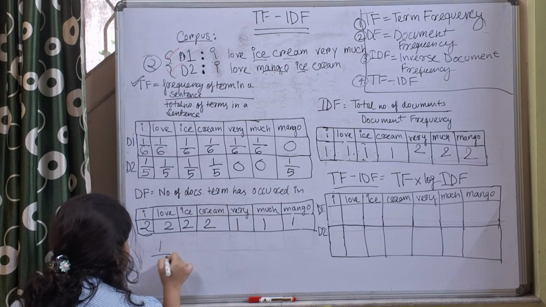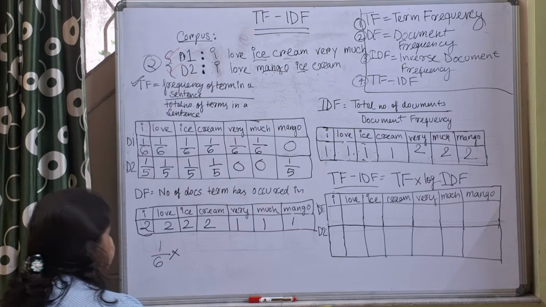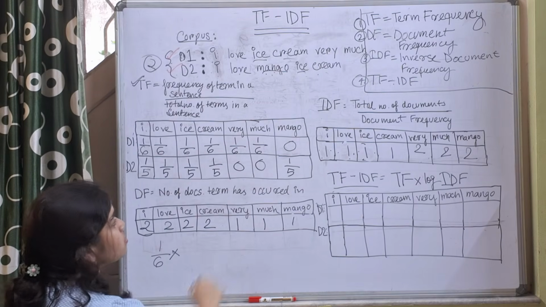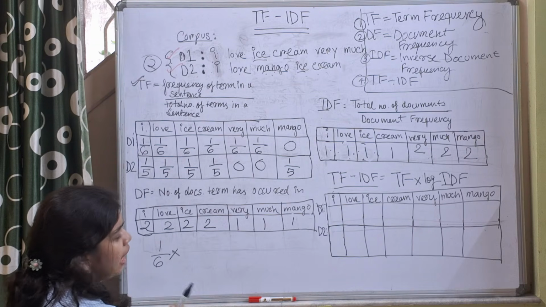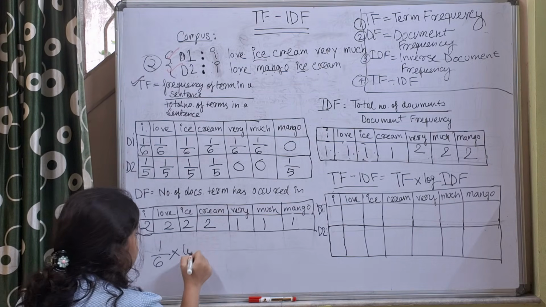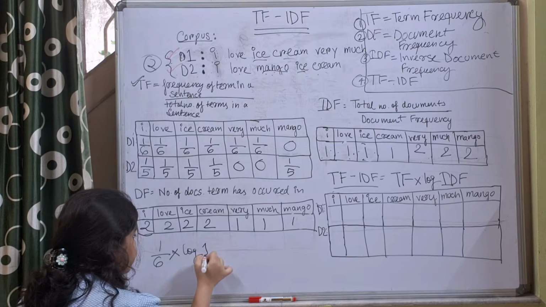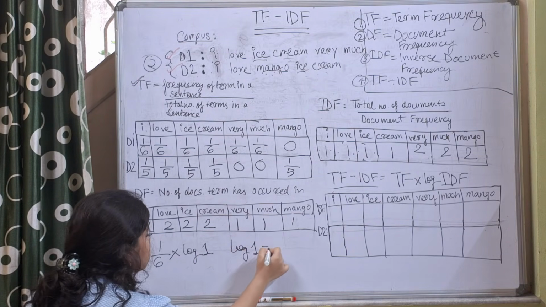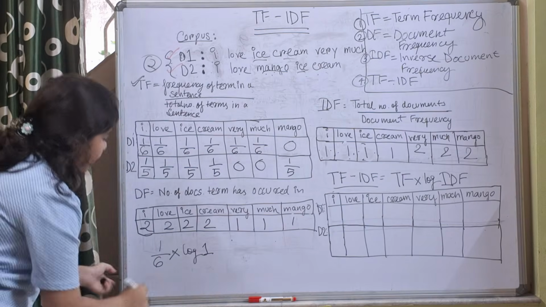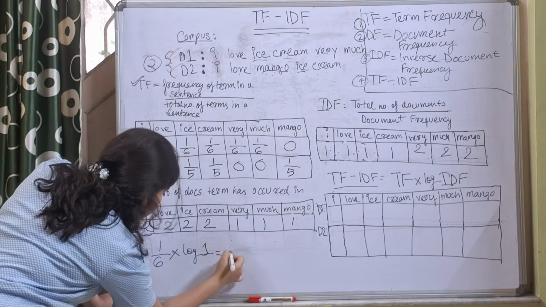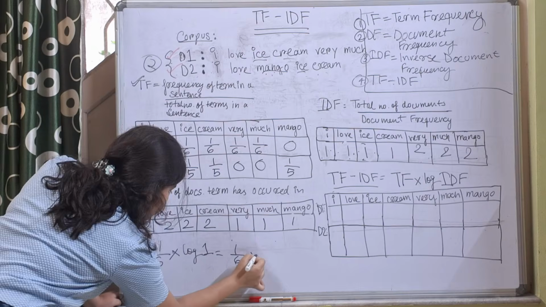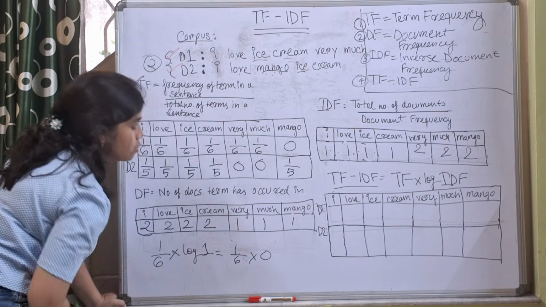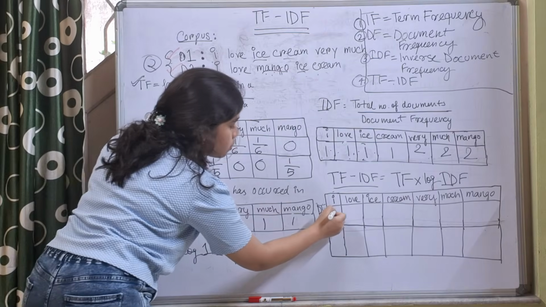So it will be 1 by 6 into log of IDF. If you see, the IDF for "I" is 1. So log of 1. Now remember one thing, that log of 1 is 0. So 1 by 6 into log 1, log 1 means 0, so 1 by 6 into 0 will be 0.